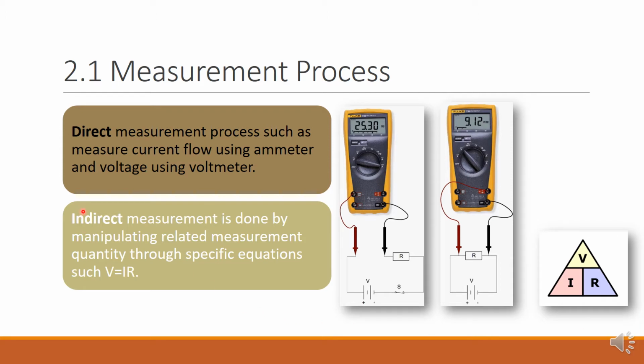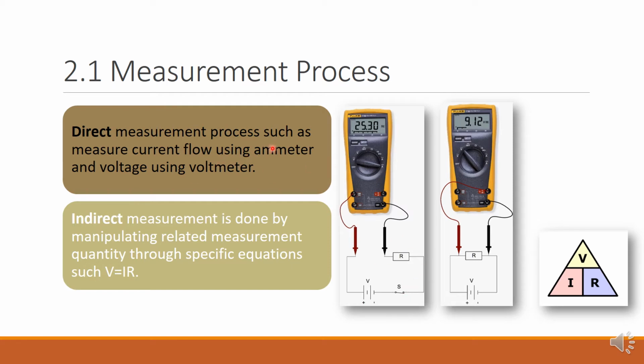As discussed in the previous lecture, measurement methods can be classified as direct comparison methods and indirect comparison methods. Two methods of measurement. For indirect measurement methods, the comparison is done with a standard through the use of a calibrated system, such as measuring current flow using an ammeter and voltage using a voltmeter.